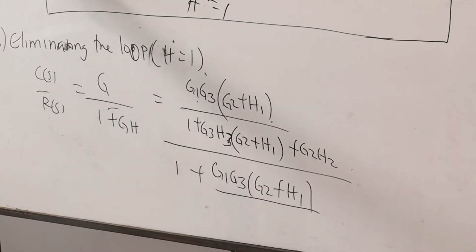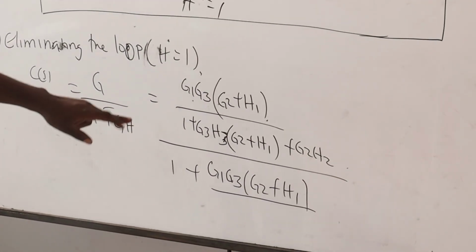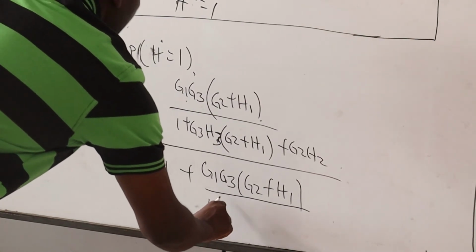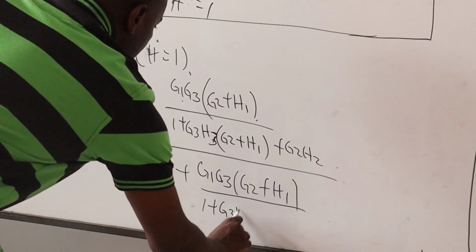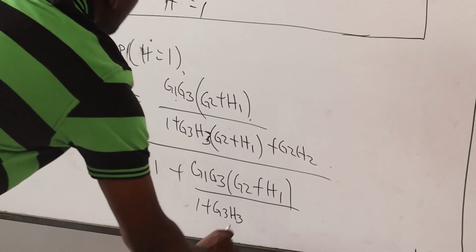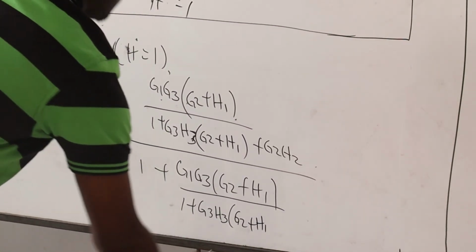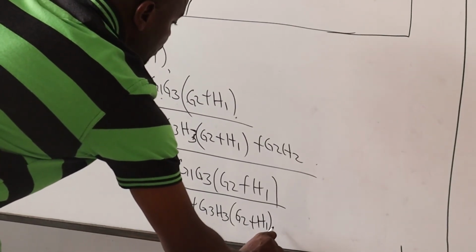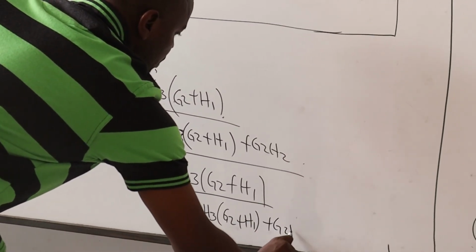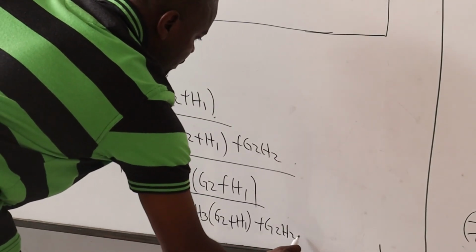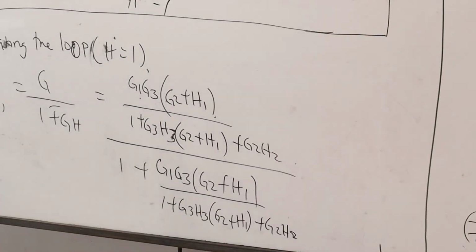The plus is because this is negative. Then GH, our G is 1 plus G3H3 into G2 plus H1, and that plus G2H2. So that is now what we have.